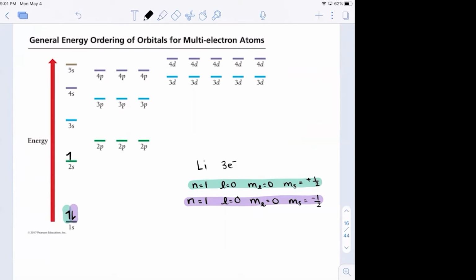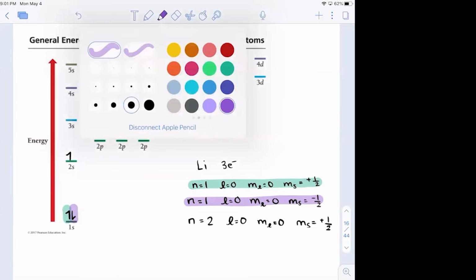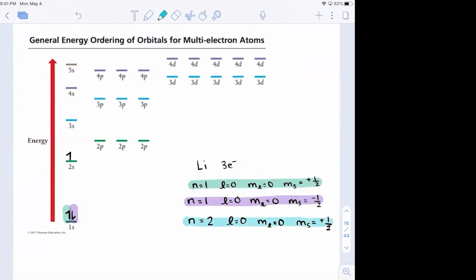Pauli exclusion principle satisfied. Those 2 electrons do not have the same 4 quantum numbers. For my last electron, n equals 2, l equals 0, ml equals 0, and ms can either equal plus 1/2 or minus 1/2. It doesn't matter. Choose one just so that you have it written down. And there's that guy.